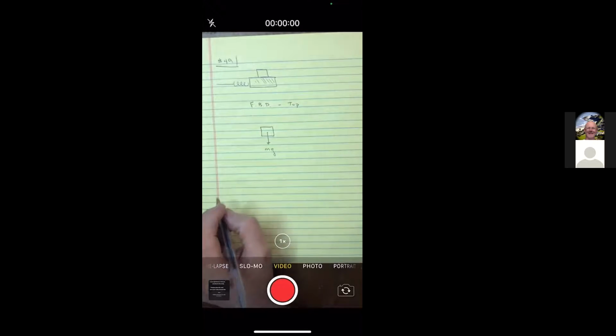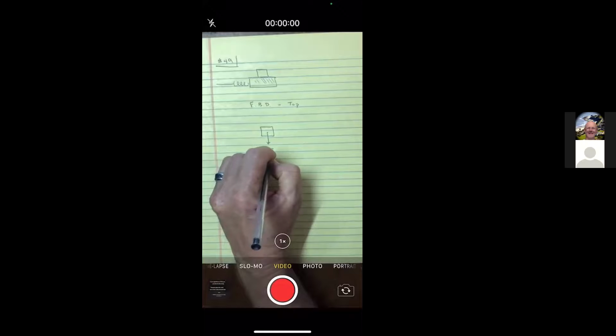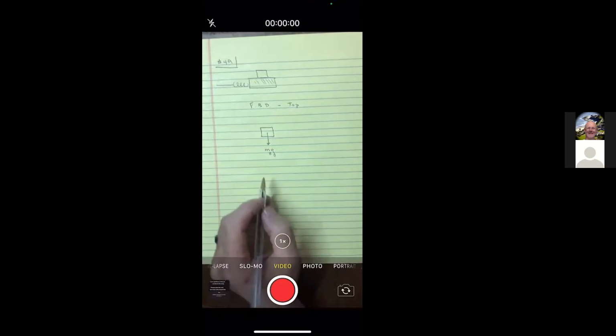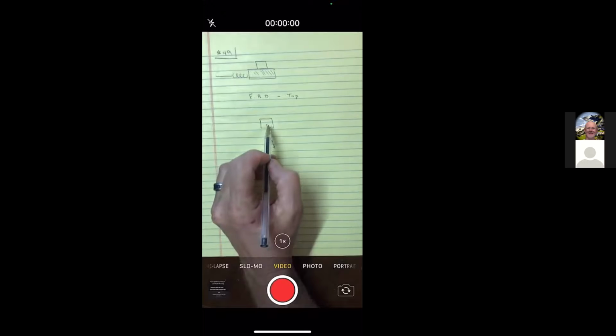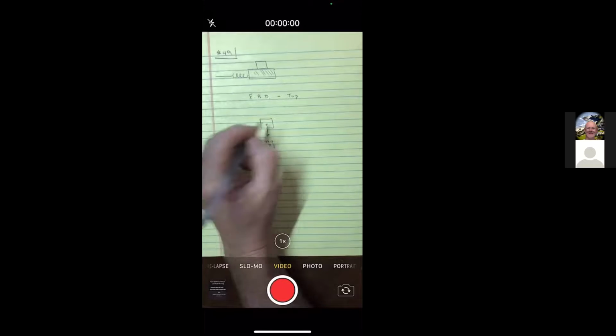Now let me read the question. Do they label the top one as an M1 or an M2 or block A? Let's see. They go B and P. So the top block they call block B, B as in boy. Okay, so I'll put a sub B down here. So M sub B g is pulling down on the top block. That's gravity.